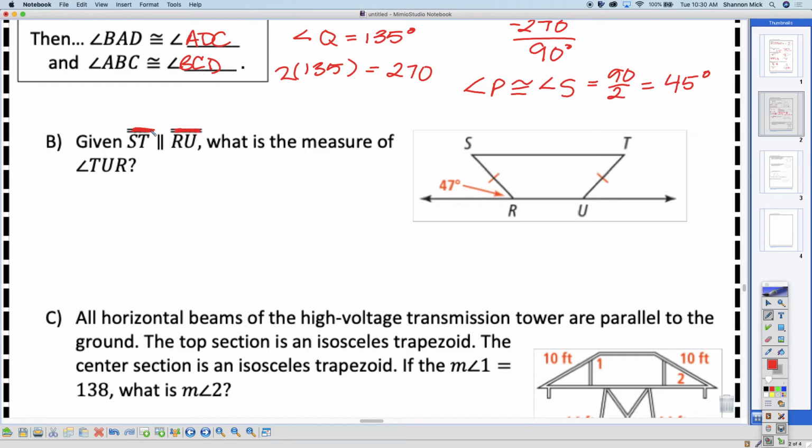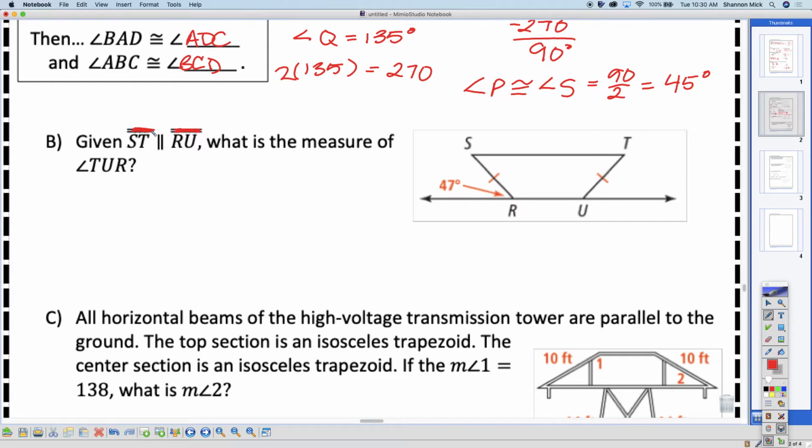Okay, so I need to know what the measure is. TS and what are you? Parallel, right? So I know that this is congruent to this, yes? So I could use transversals and things like that if I needed to. I don't think I did. What is angle TUR?